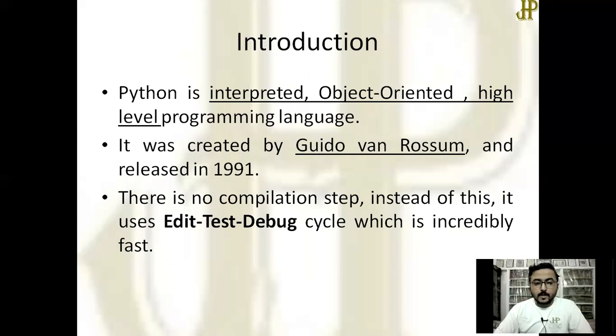You write a program and run the program, the interpreter runs your program line by line, and if in the line there is no mistake, it is converted into machine language and run, and moves to the next line. And at that moment, if there is a mistake, then you have to debug and move on throughout the program. That's why it is an edit, test, debug cycle. Clear?